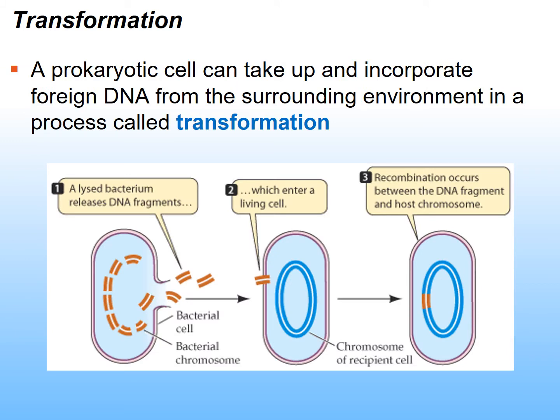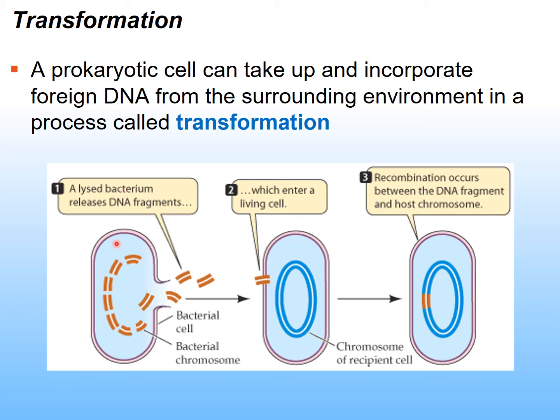Transformation, or the process of being transformed, is the process in which a cell takes up DNA from the environment. A prokaryotic cell might lyse, meaning it dies and breaks apart and releases its fragmented genome into the environment. The environment may be adverse, and all the cells are just trying to survive.